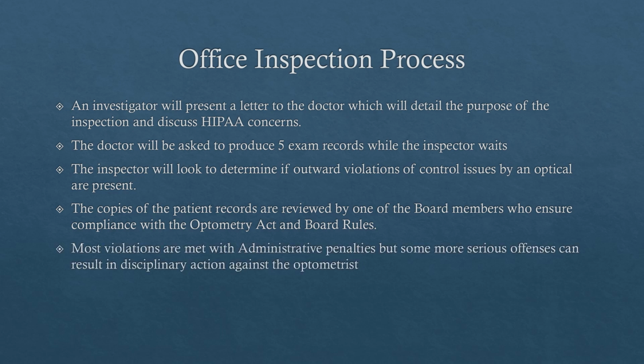Most violations are met with administrative penalties, as I just mentioned, but some more serious offenses can result in disciplinary action against the optometrist. So it's important we understand what they are looking for and why they issue penalties each year, and I'll go over many of the common types of violations that they find and reasons for the administrative penalties.